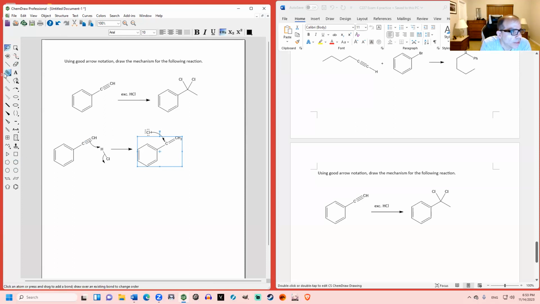Actually, I think I'll draw this a little different. Ph for phenyl group. Ph can only be used for C6H5. It can only be used for a monosubstituted benzene. In other words, a benzene ring with exactly one thing on it. Exactly one. If there were more than one group on the benzene ring, I couldn't use Ph.